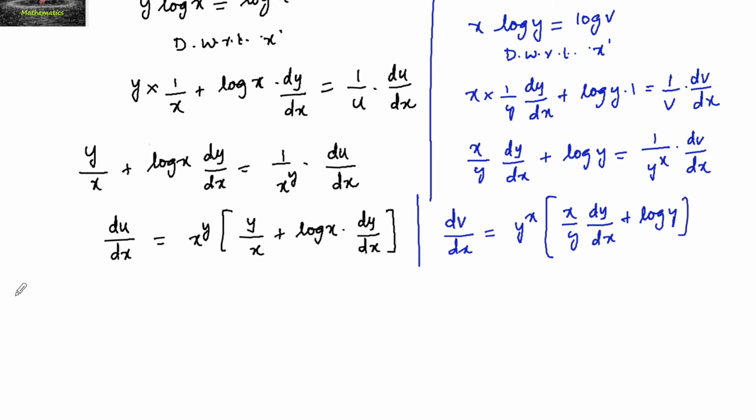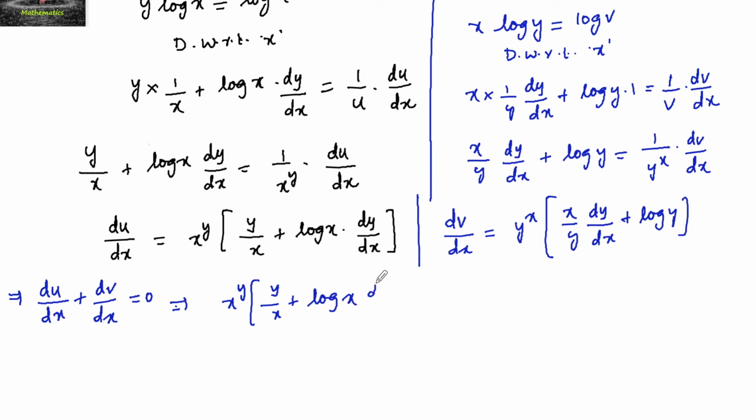Now let us substitute in du by dx plus dv by dx is equal to 0. So this implies that x to the power of y into y upon x plus log x dy by dx, plus y to the power of x times x upon y dy by dx plus log y, is equal to 0.